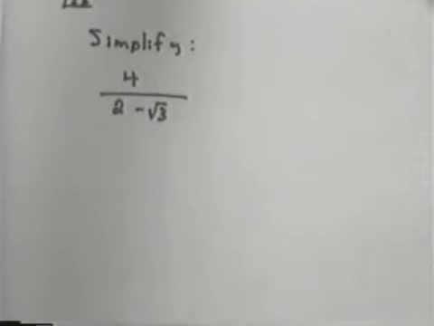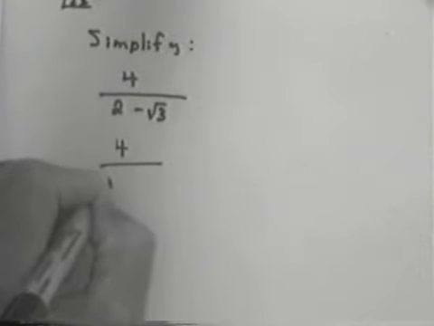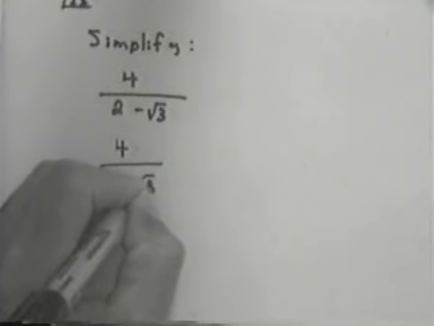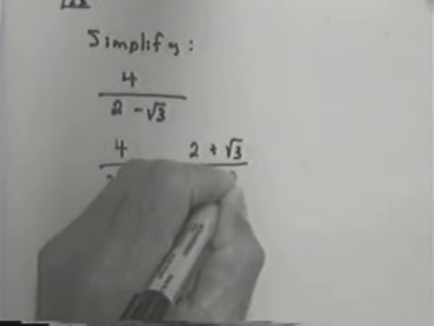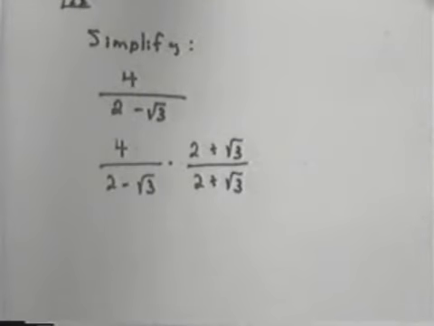One can always use the conjugate to rationalize two-term denominators. So I'm going to multiply 4 over 2 minus the square root of 3 times 2 plus the square root of 3 over 2 plus the square root of 3. So I've multiplied both numerator and denominator by the conjugate.